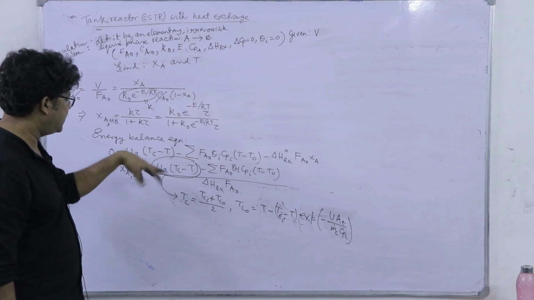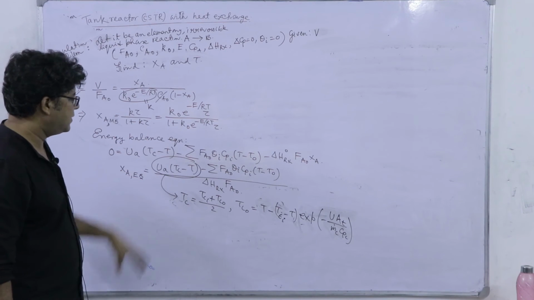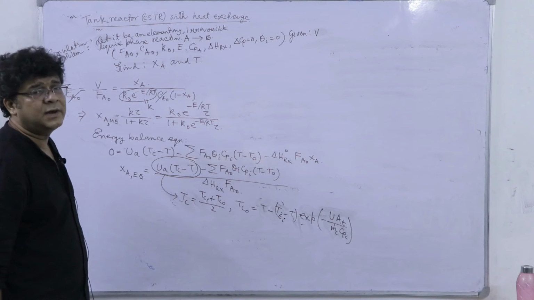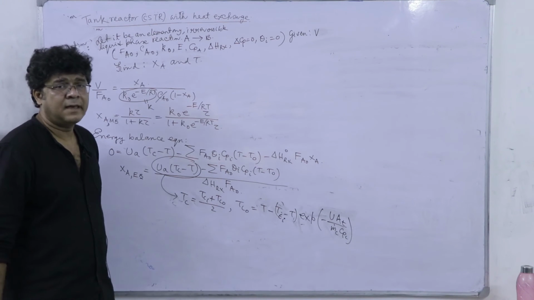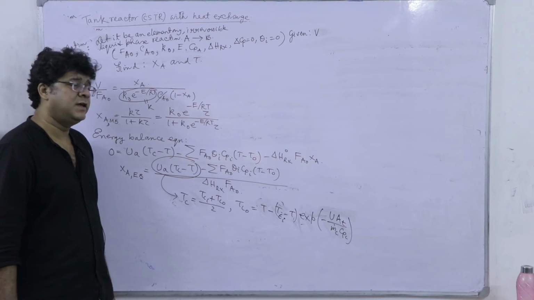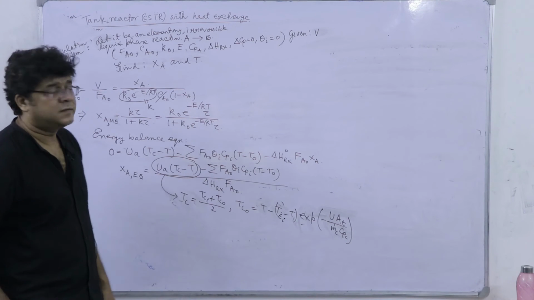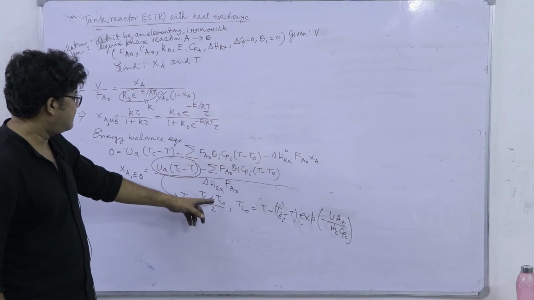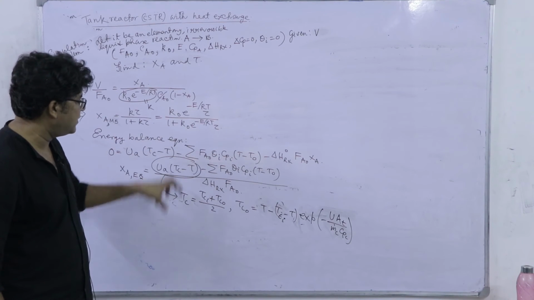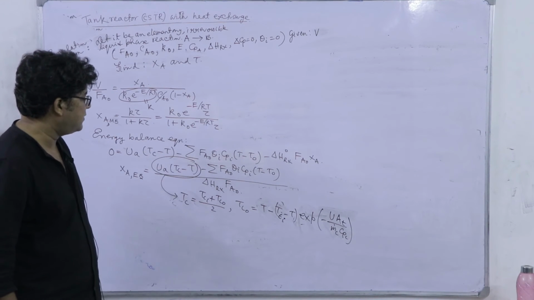But that part we simply disregard, because the change of this temperature for cooling water is very small, as we keep a very high flow rate of this cooling water. So as a consequence, what happens? This Tci and Tco are close to each other, so we have an averaging, right, arithmetic average.